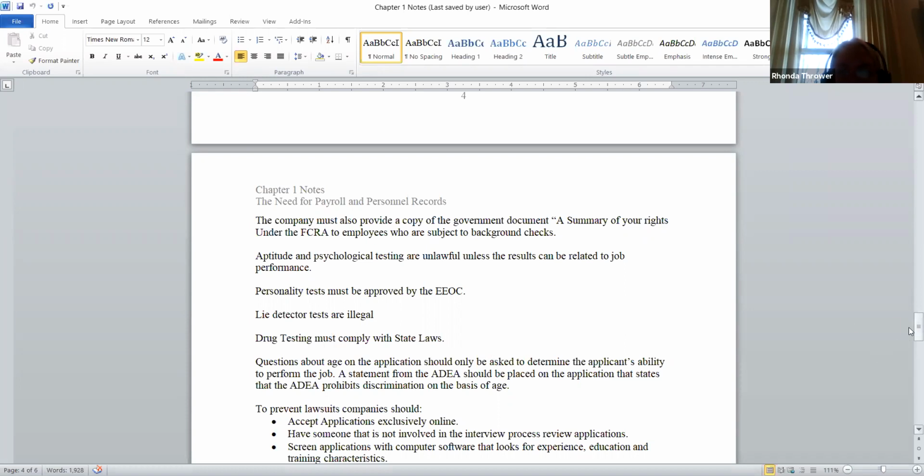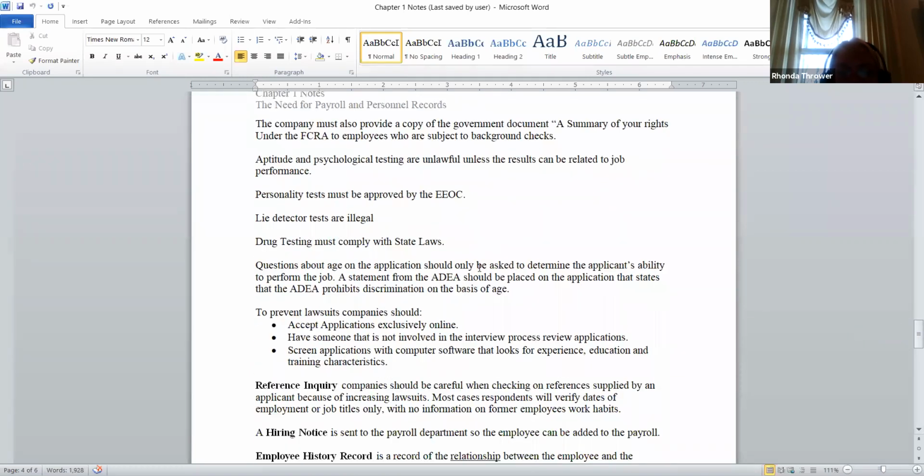So you need to become familiar with your state laws if you're doing drug testing for your company. Questions about age on the application should only be asked to determine the applicant's ability to perform the job. A statement from the ADEA should be placed on the application that states that ADEA prohibits discrimination on the basis of age.